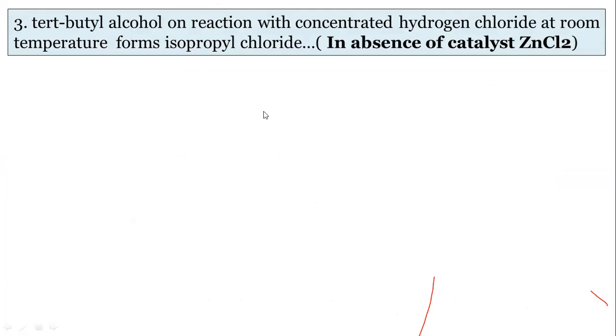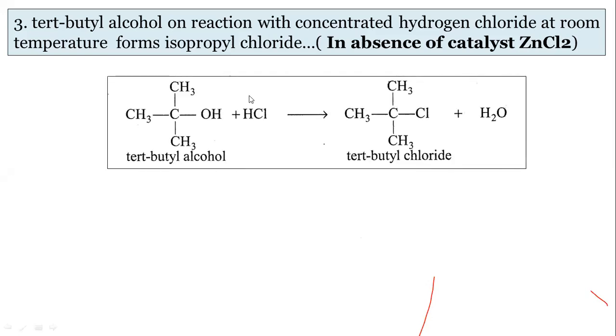In case of tertiary butyl alcohol, the reaction is carried out only with concentrated HCl. ZnCl2 is not required. So remember, this is an exception. Only for tertiary alcohols, the reaction can occur with concentrated HCl at room temperature, and it forms tertiary butyl chloride.